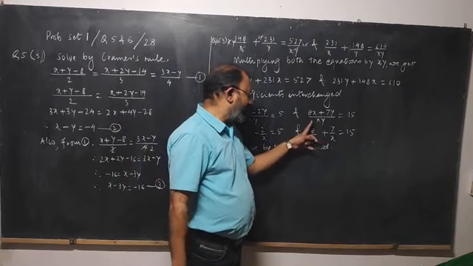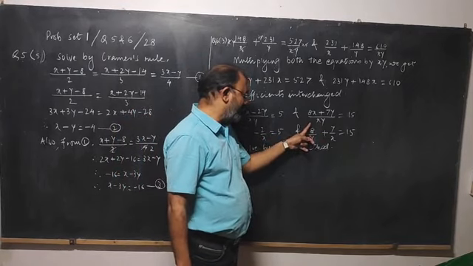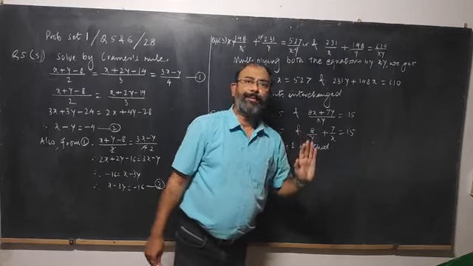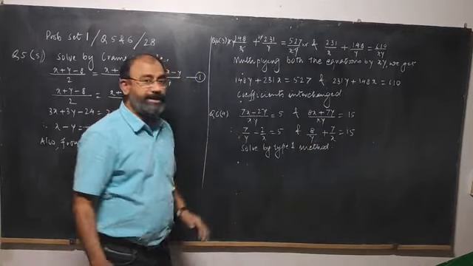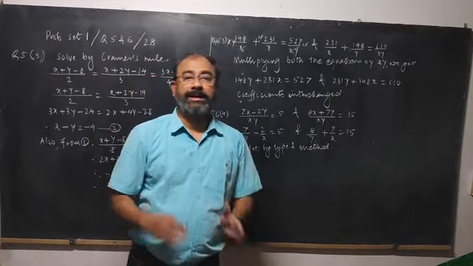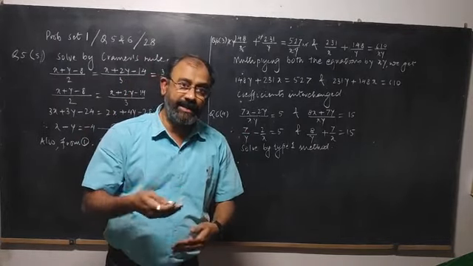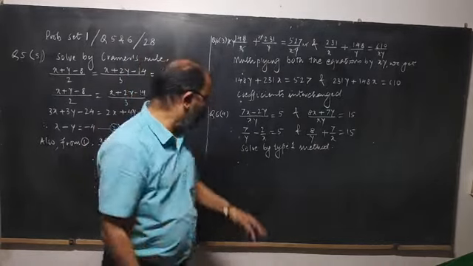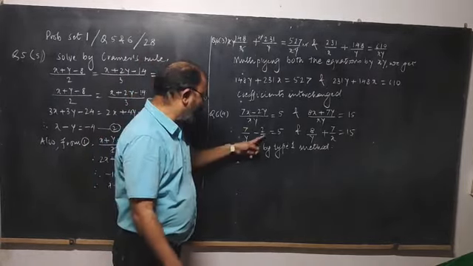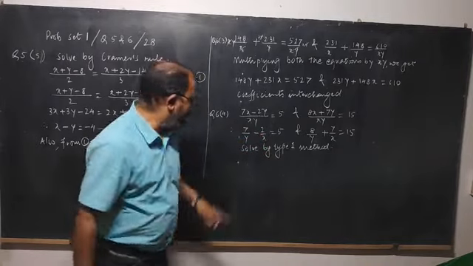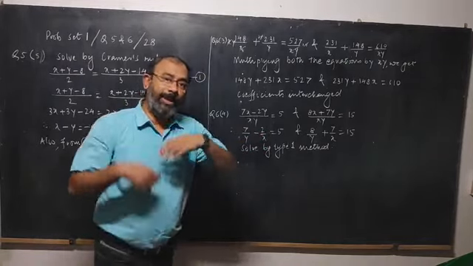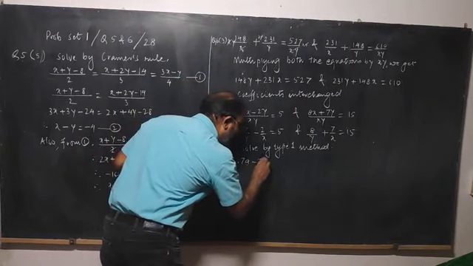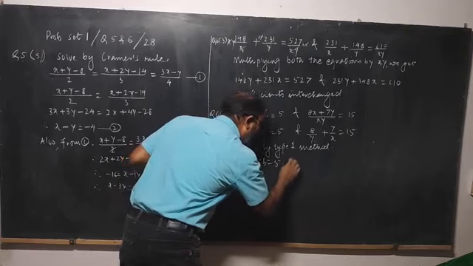Similarly here, if I write xy under the first term, x and x cancel, 8 by y plus 7 by x is equal to 15. Okay, now this is going into type number 1, where you have to consider 1 upon x as a, 1 upon y as b, or you can take 1 upon y as a and 1 upon x as b, and therefore these equations will change into 7a minus 2b is equal to 5.